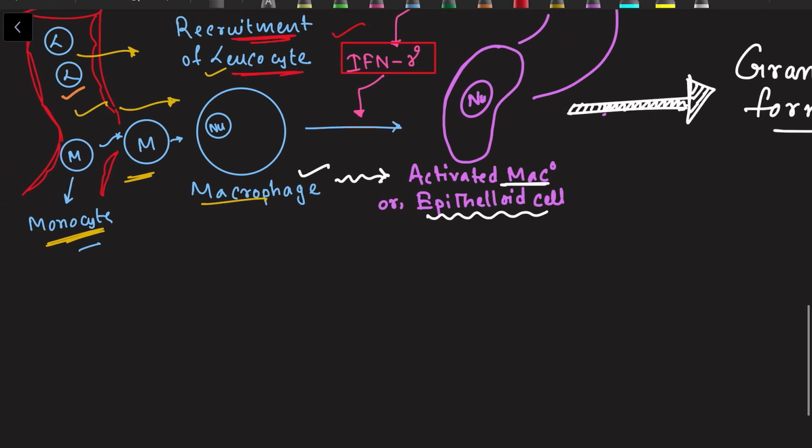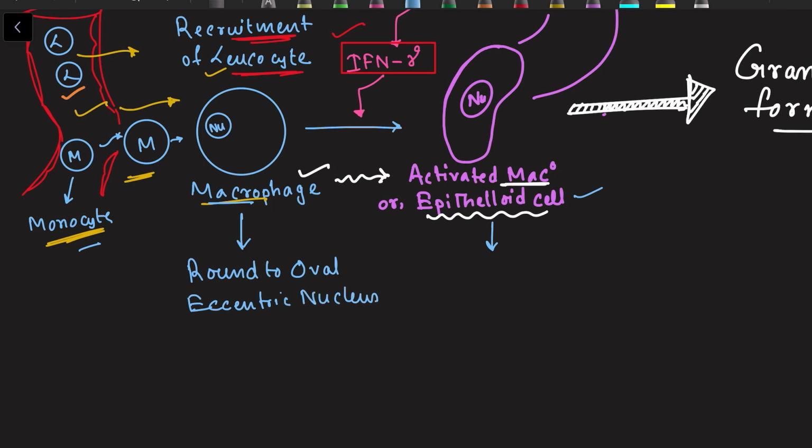Now, you have to know the main differences between a macrophage and an activated macrophage or an epithelioid cell. Just from the diagram, you can see that a macrophage is round to oval in shape, and it has an eccentric nucleus. That means the nucleus is in the periphery, not in the center.